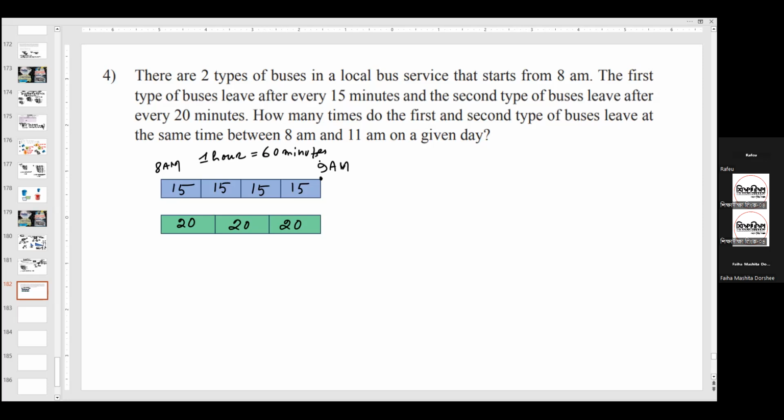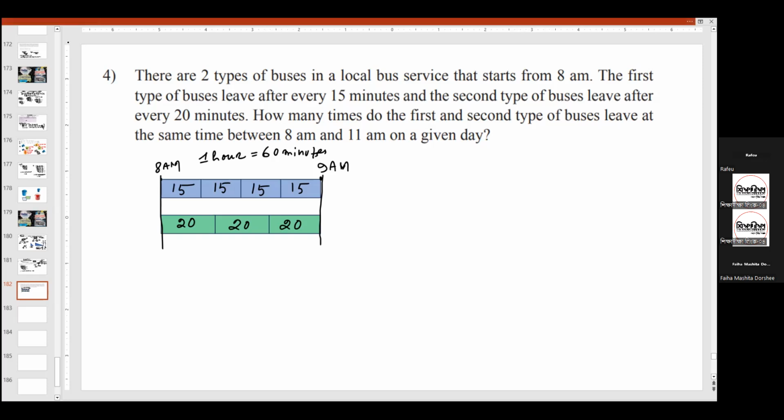Now if they start at 8 o'clock together, they will again start together at 9 o'clock, right? Now, how do we find this? We are told to find how many times the first and second type of bus leave at the same time between 8 a.m. to 11 a.m.